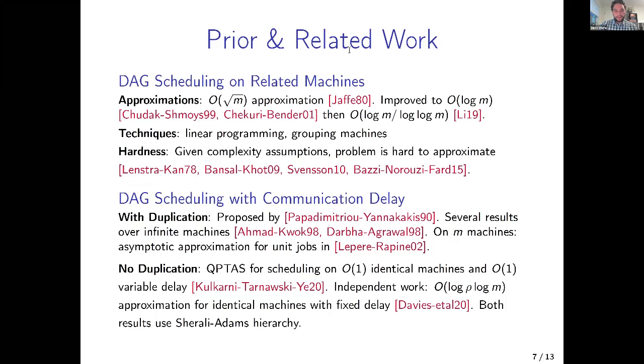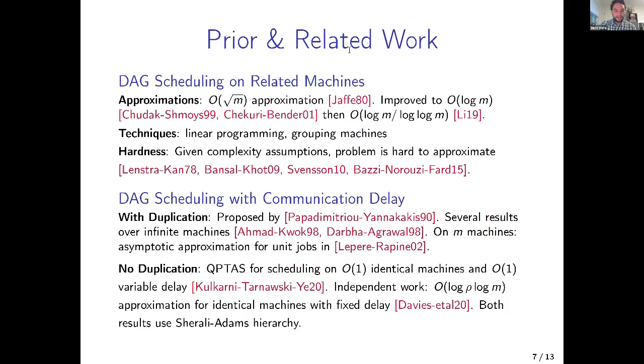So here we have several prior and related results in the scheduling literature, and I'll just focus on the communication delay results. Utilizing duplication was first proposed by Papadimitriou and Yannakakis. For finite machines, the only approximation result we had was an asymptotic approximation due to Lepère and Rapine, and we built on their work here.